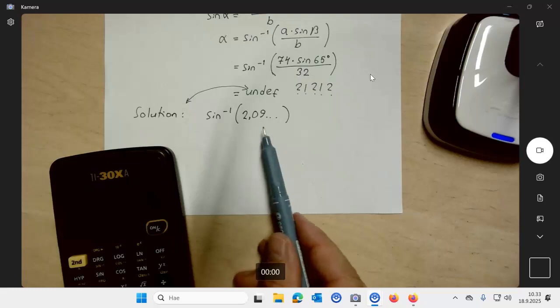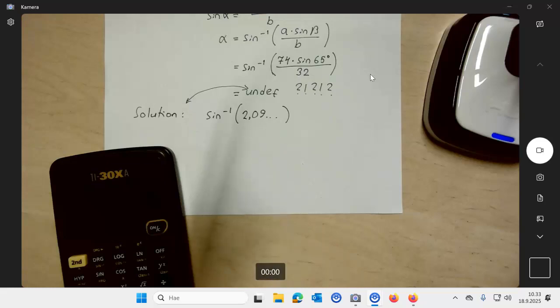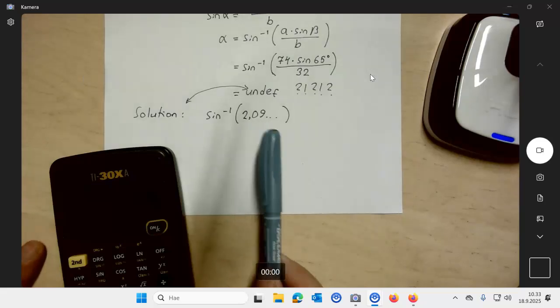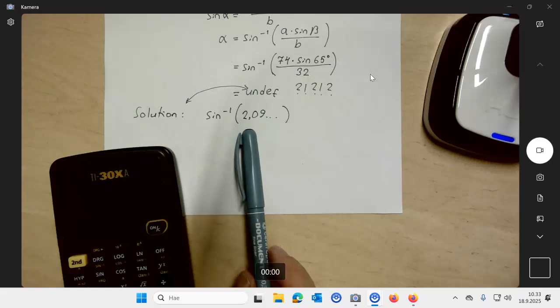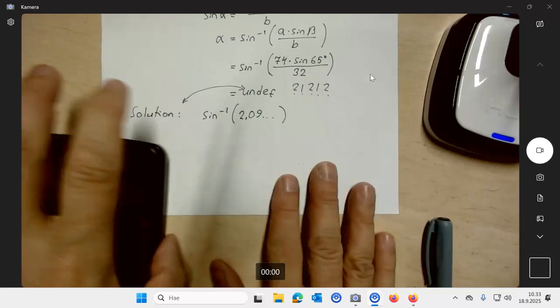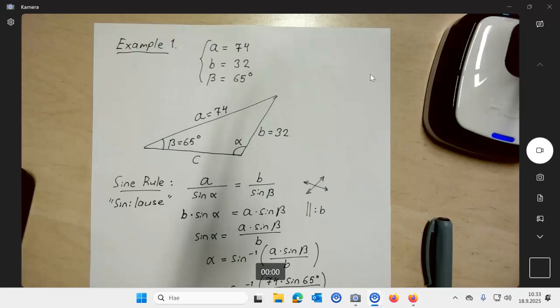And this is a problem because sine is a function which gets values between -1 and +1. It is not possible to get a value like -5 or +2. So here is the problem, and this always tells us that we have starting values of the problem in which there are some errors, so that it is not possible to make a triangle with them.